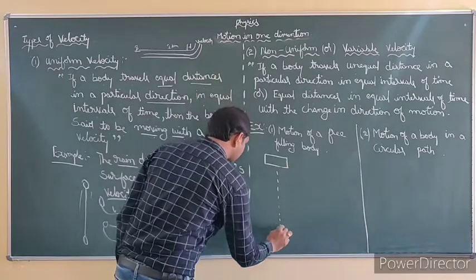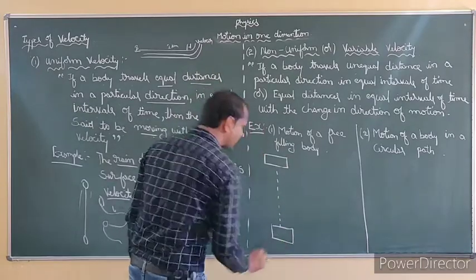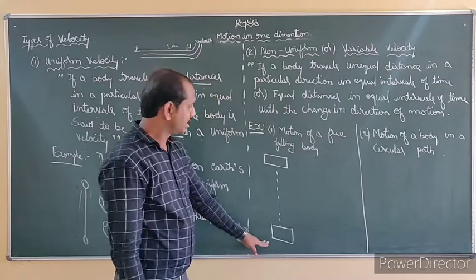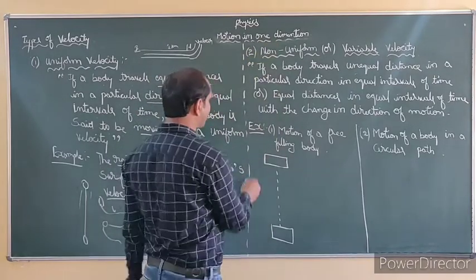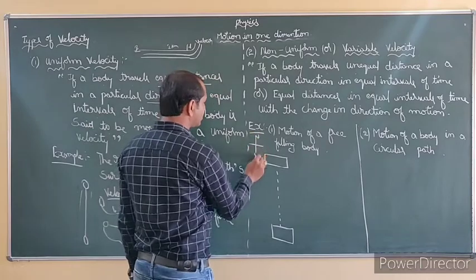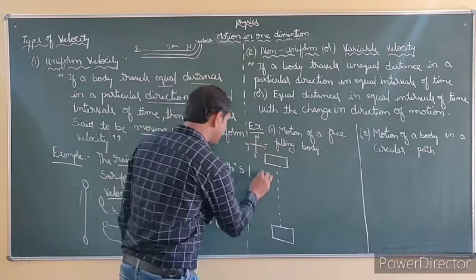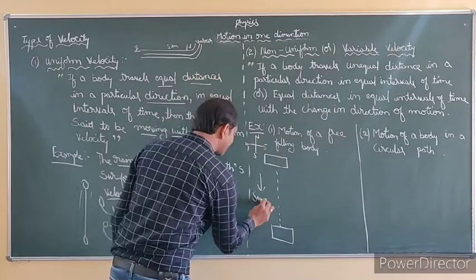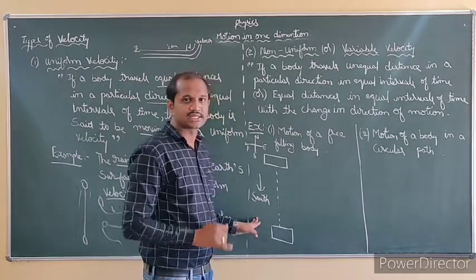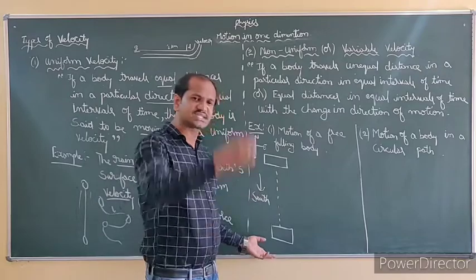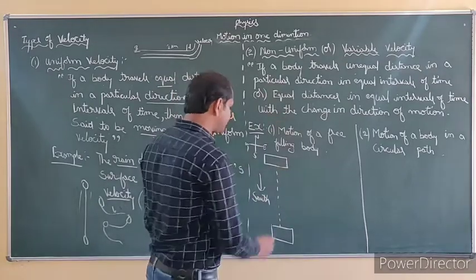It falls and comes and lands on the surface. Here, what is the direction of this? According to a map, if you consider north, south, east and west, let us consider it is moving in the direction of south. One parameter is satisfied. What is the time interval? Just consider it is moving for some time t.